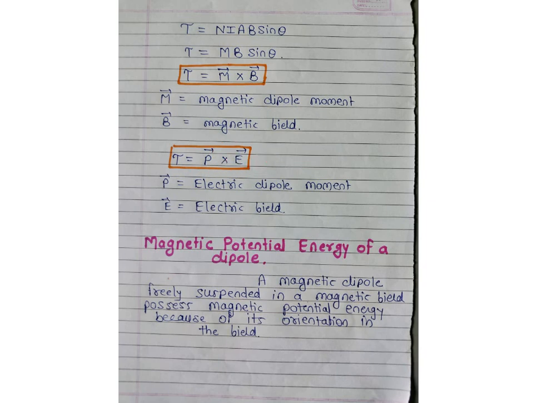Then the last point, magnetic potential energy of a dipole. A magnetic dipole freely suspended in a magnetic field possesses a magnetic potential energy because of its orientation in the field.